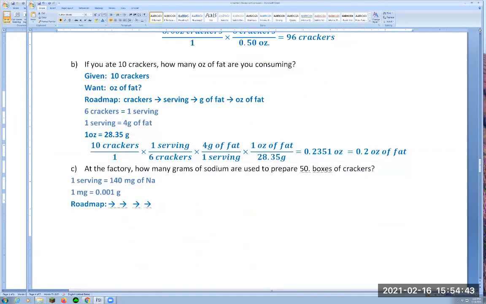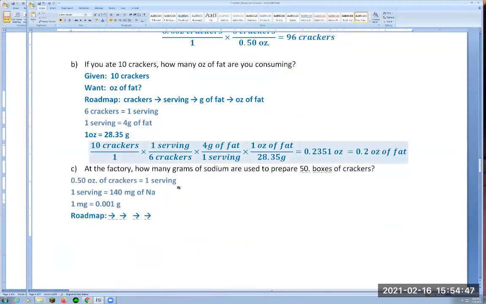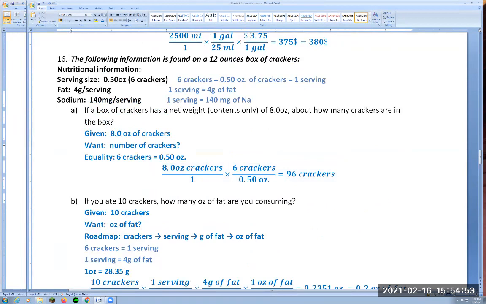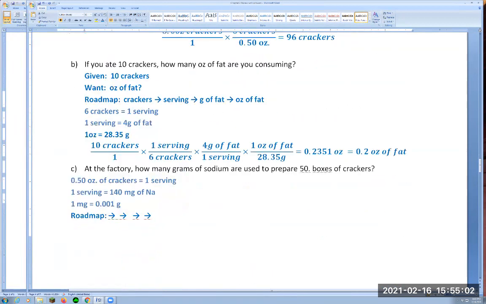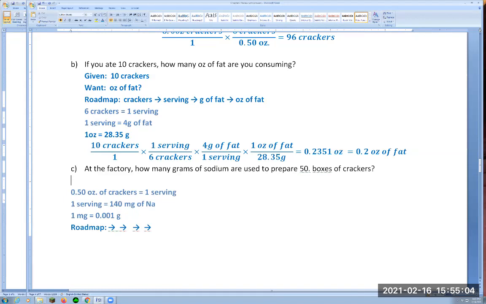We will also use this equivalence, ounces of crackers to serving. This will relate servings to ounces of crackers. And then we know that a box of crackers has a weight of 8 ounces. So let me copy that. And here we will use the fact that 1 box is equal to 8 ounces of crackers, content only.